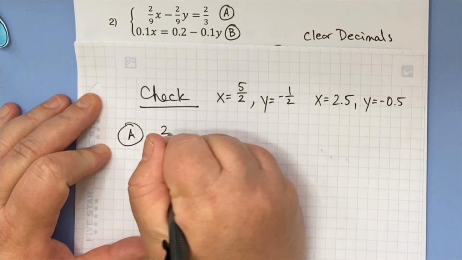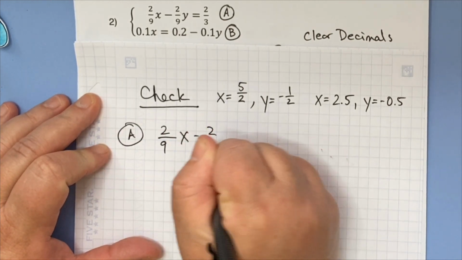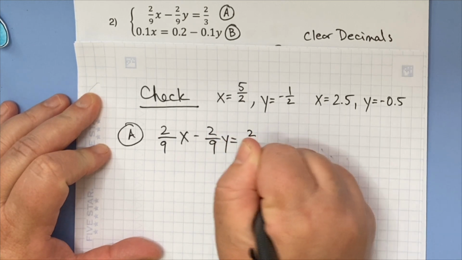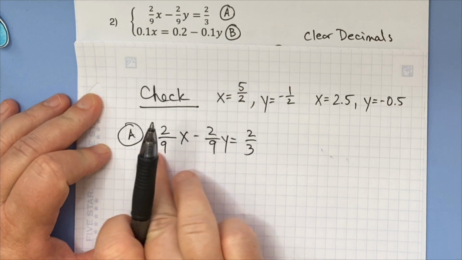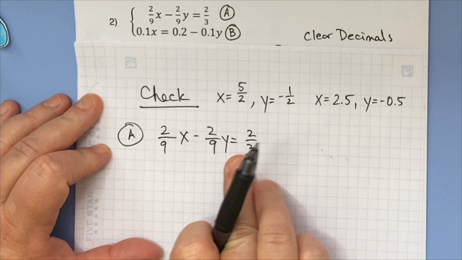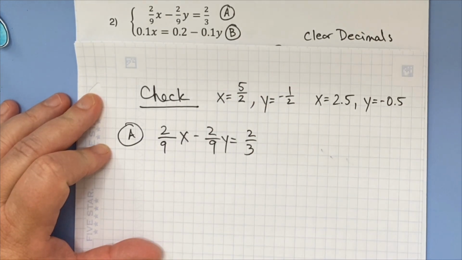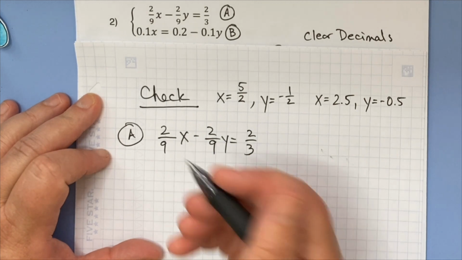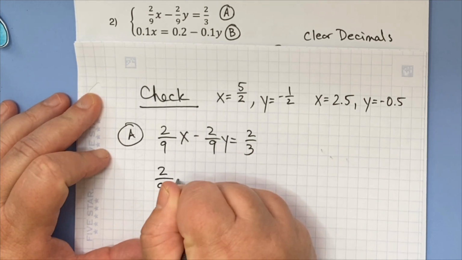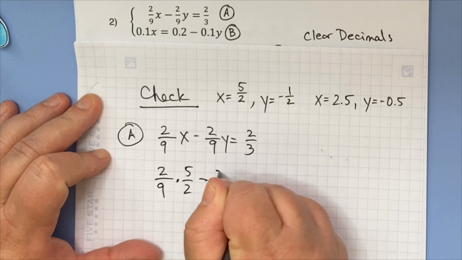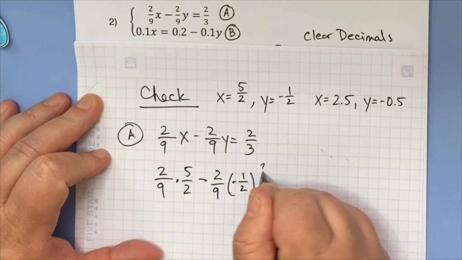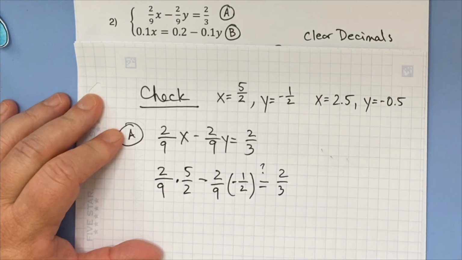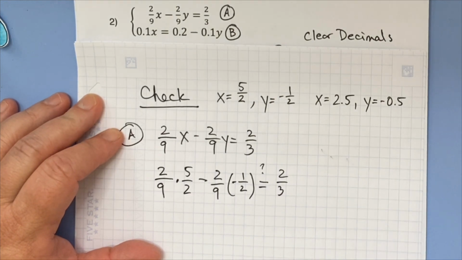To check A, 2/9 x minus 2/9 y equals 2/3, I'm going to go ahead and use the fractions because it's already in fraction, right? So easiest thing in the world is to write the fractions in. So I've got 2/9 times 5 halves minus 2/9 times negative 1 half. Does that equal 2/3? So let's go through and see.